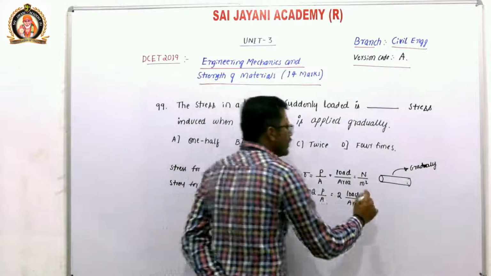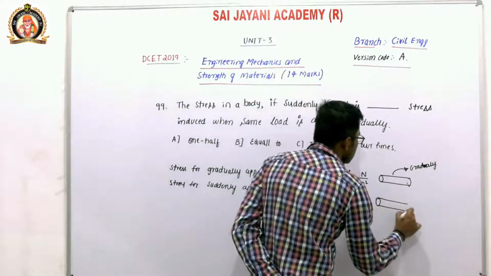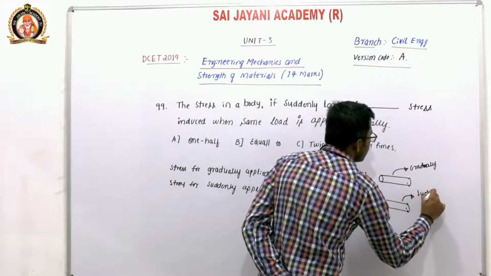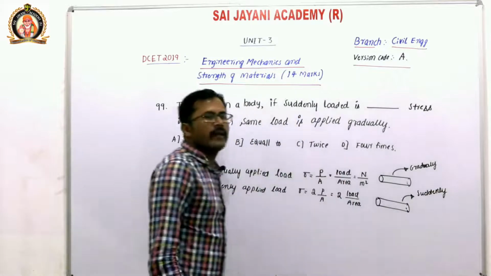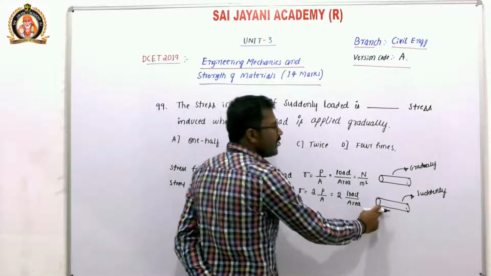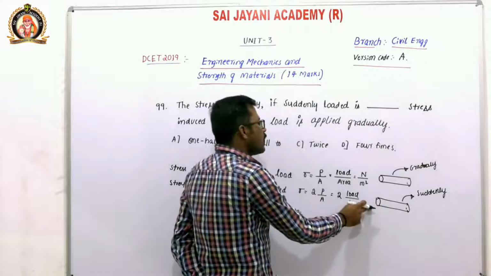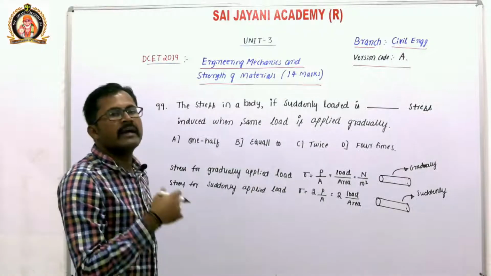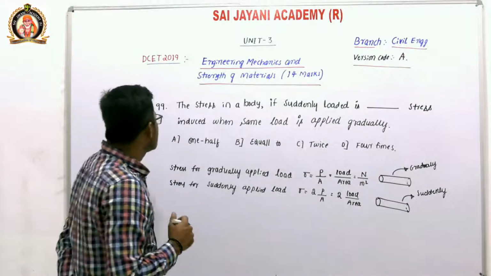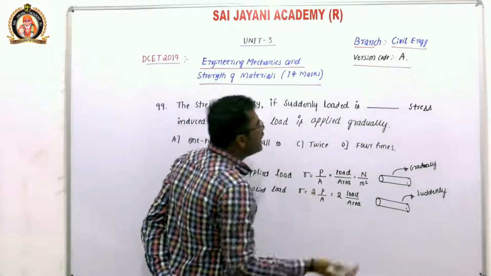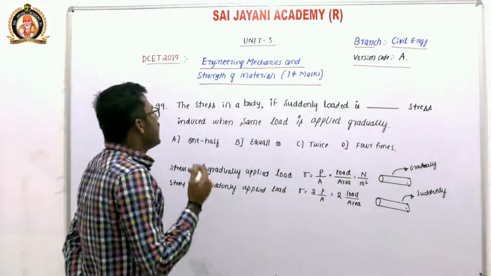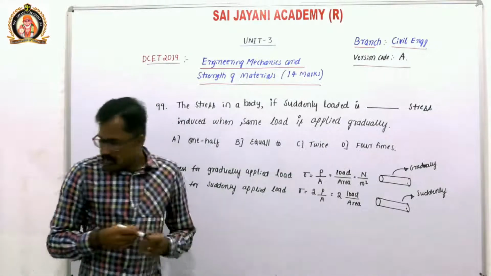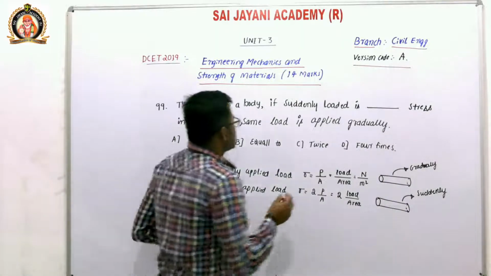If the same component is subjected to a sudden load, or suddenly applied load, then the stress produced is always 2 times greater than the stress produced in the component when the load is gradually applied. So the stress in a body, if suddenly loaded, is dash the stress induced when the same load is applied gradually. So option C, twice, is the right answer.